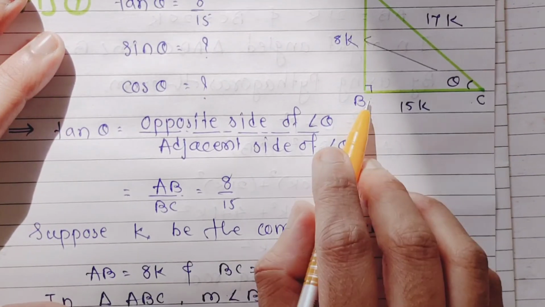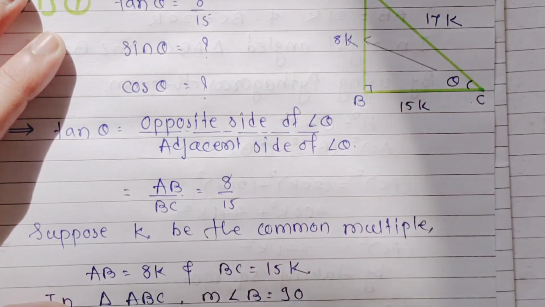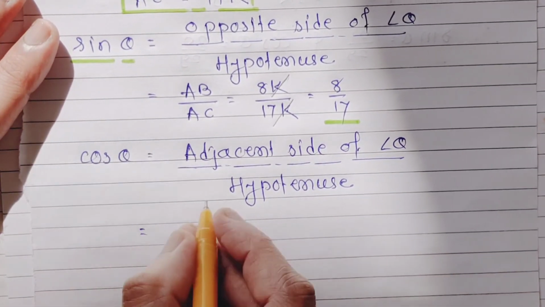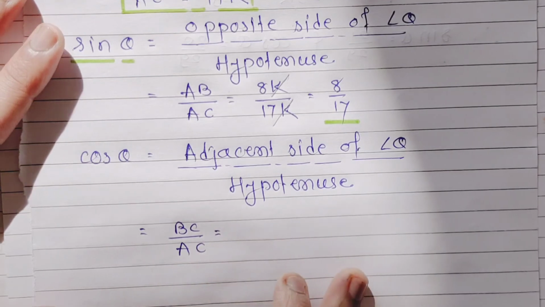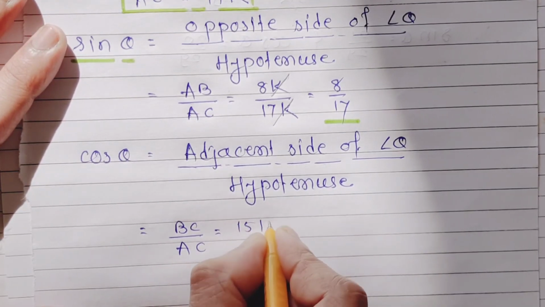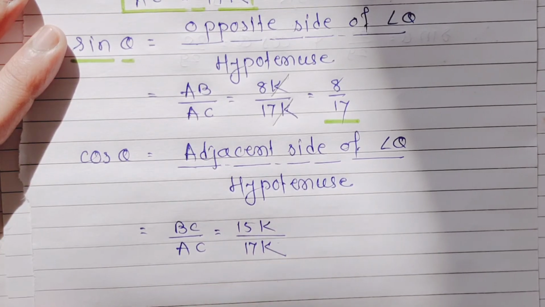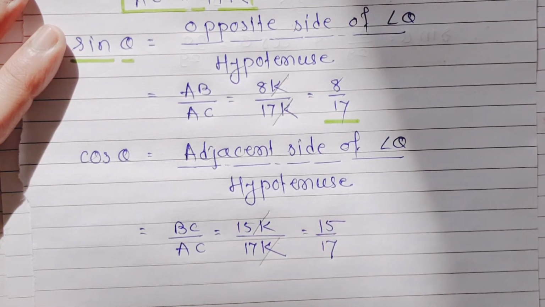BC is the adjacent side for angle theta upon hypotenuse, that means AC. Is it clear? That means cos theta is equal to BC upon AC. So BC is equal to 15K and AC is equal to 17K. Is it clear? So K cancels K, remaining 15 upon 17. It is nothing but cos theta.